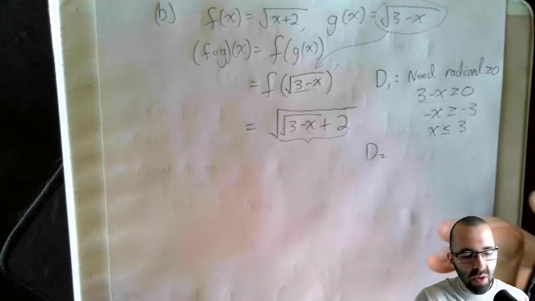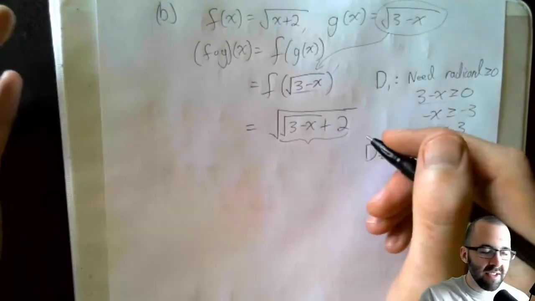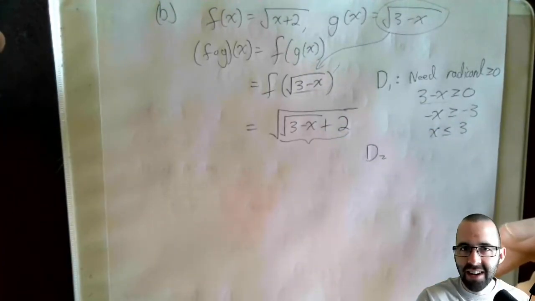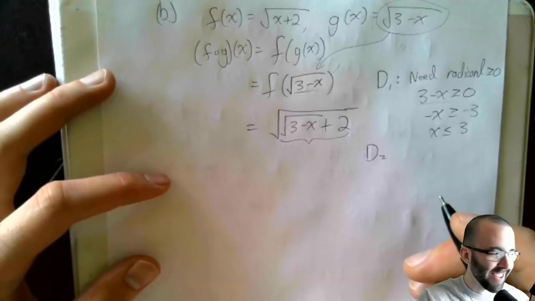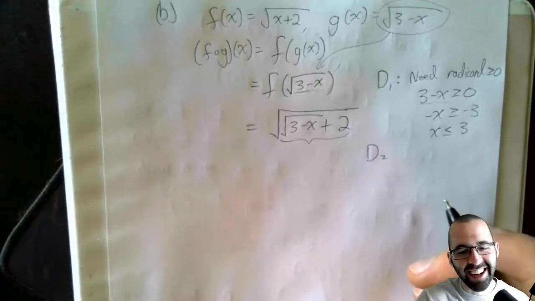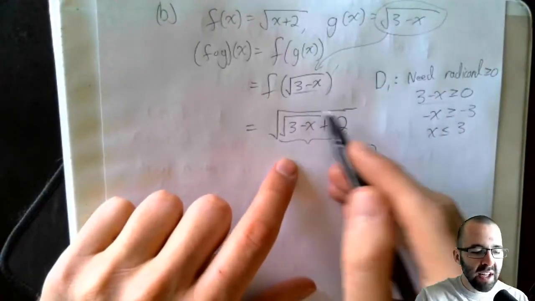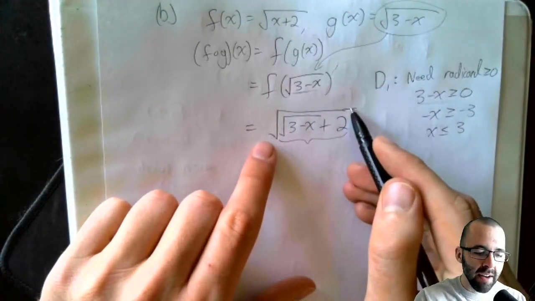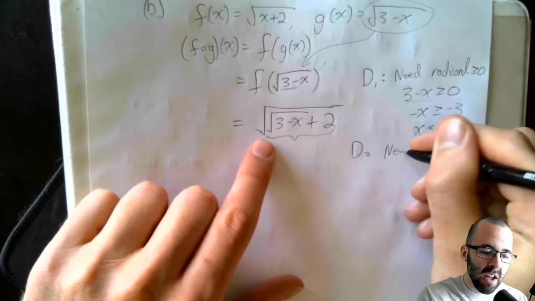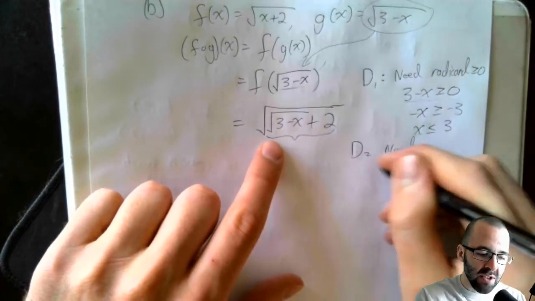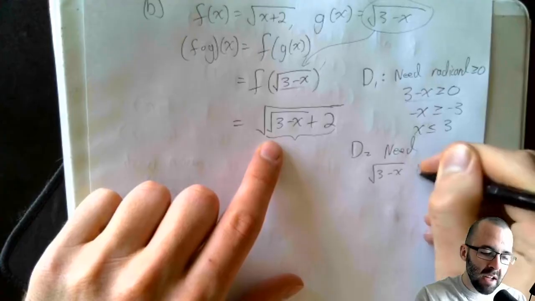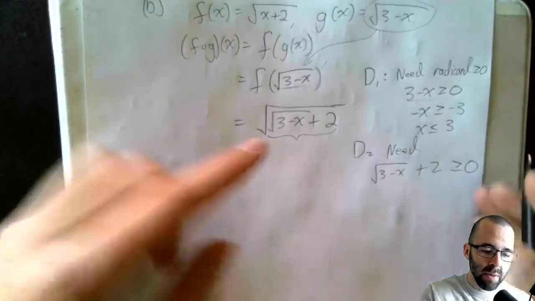And the answer is no. This is kind of complicated, I recognize that. But to look at this, we need the radicand, which is the square root of 3 minus x, plus 2, to be greater than or equal to 0.